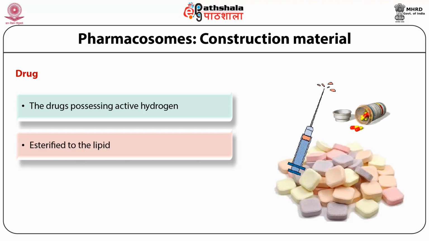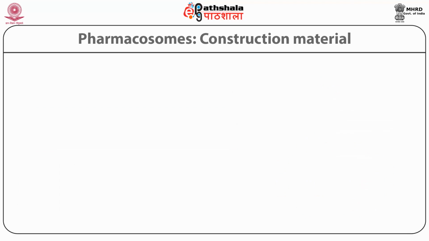So actually the drugs having an active moiety can only form the hydrogen bond with the lipid. So basically the esterification of the drug is necessary, which ultimately forms the amphiphilic complex.